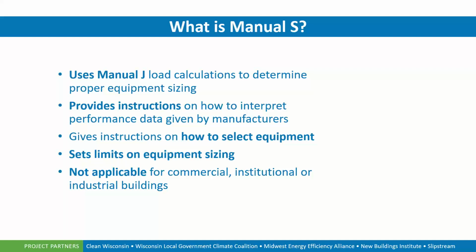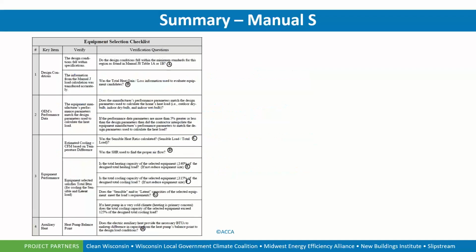It's CFM, and these capacities change based on blower speed and so forth. So they give guidance on how to use that data to select the proper equipment. It sets the limits on equipment sizing, right? And we'll talk about that. And it's not applicable, as we mentioned earlier, for commercial, industrial, or institutional buildings.